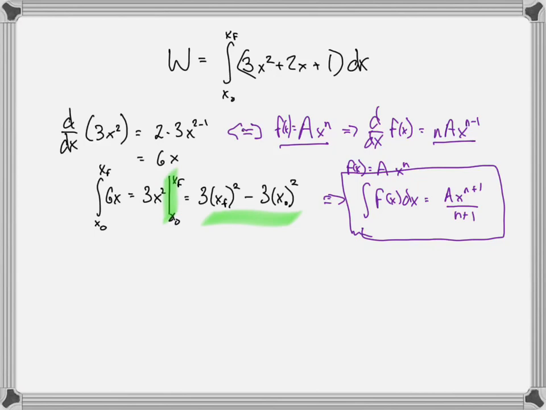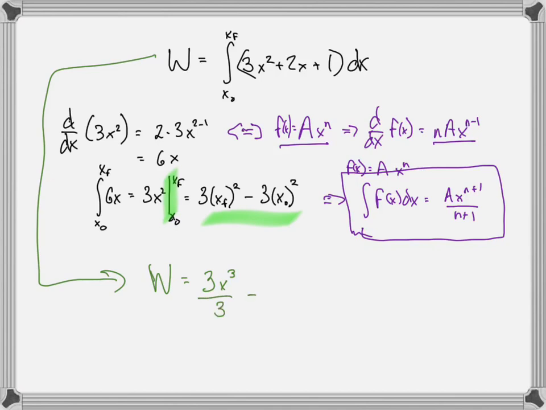So as a last thing, let's take this example and go ahead and do the integral. We take this polynomial function 3x squared and we raise it by 1 more power, so it's 3x cubed, and we divide by the power 3.